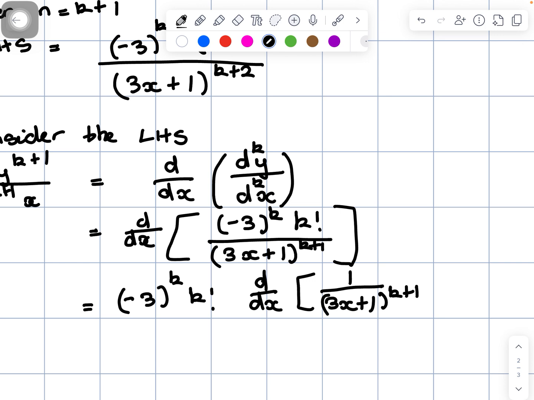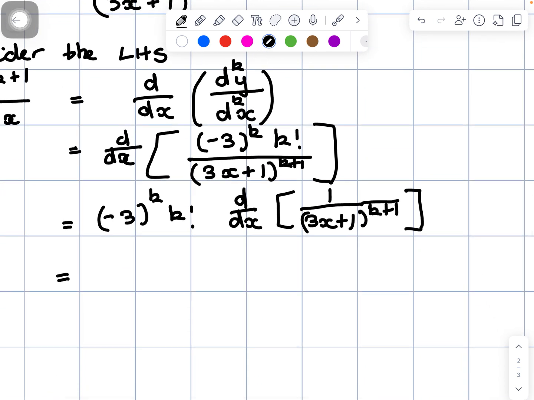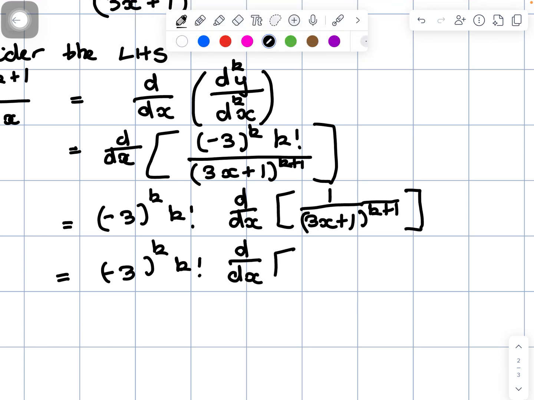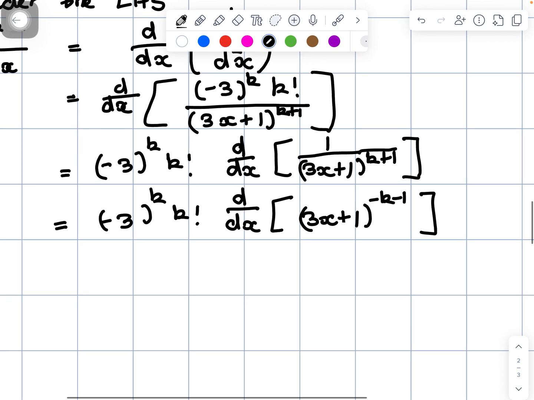That is why numbers that do not have any x in this case are constants. Before we differentiate, we are further separating our expression, which is the same as d over dx of 3x plus 1 to the power minus k minus 1. Right, so now it's time for us to differentiate. Remember, we said that minus 3 to the power k factorial is what?